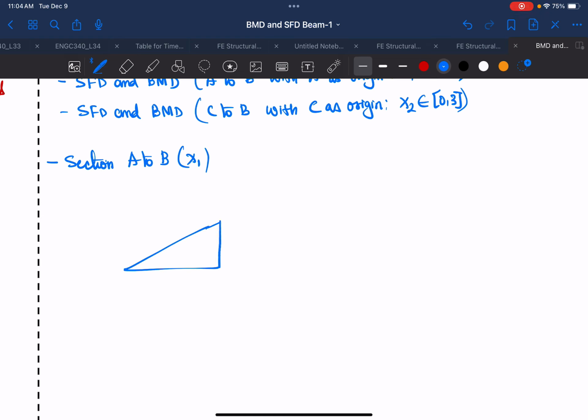Now if we cut the section, we know that this is AY, and then we have a load here, which we'll name W1 for now. Because we cut the section over here, this is your x value. Remember that this is x1, and x1 is equal to 0 here, so this is your origin.